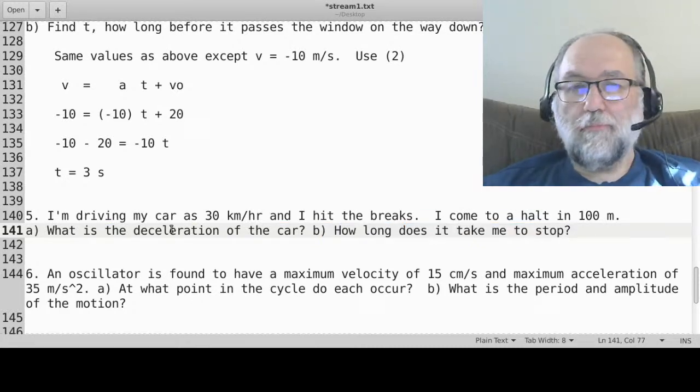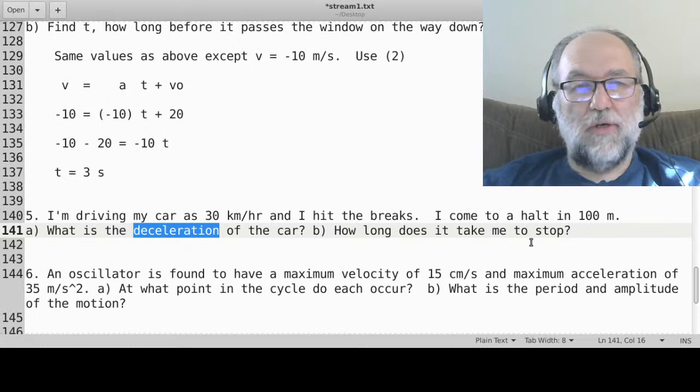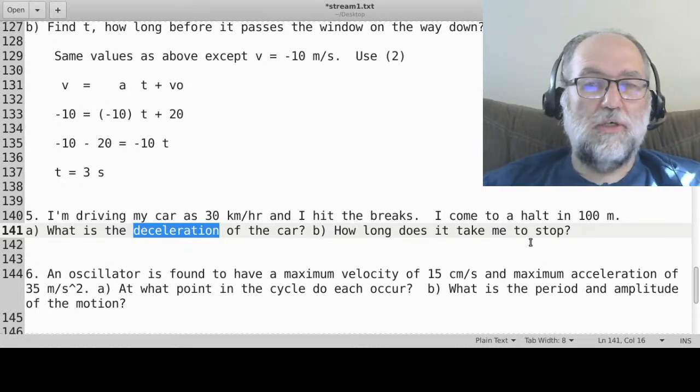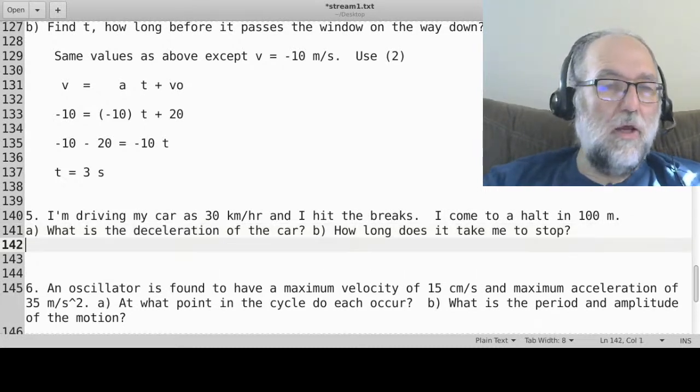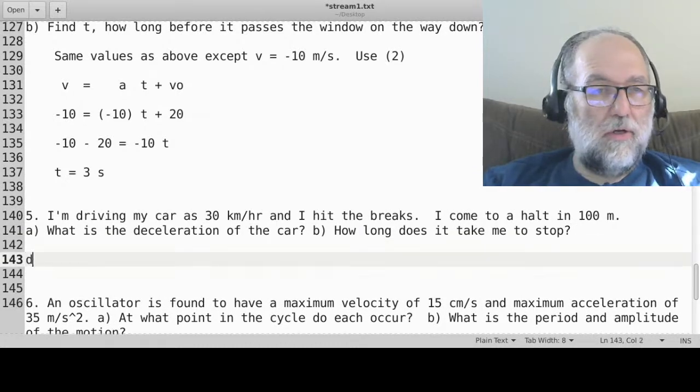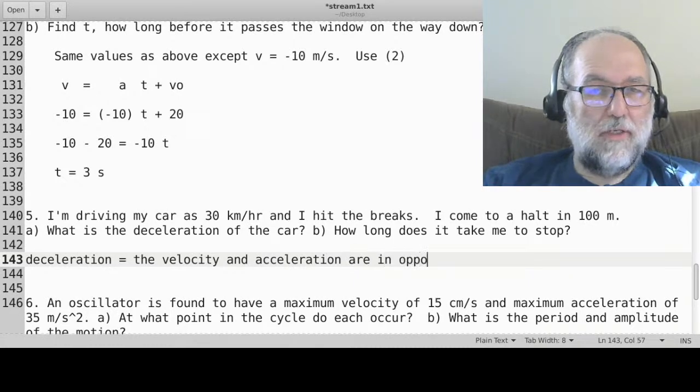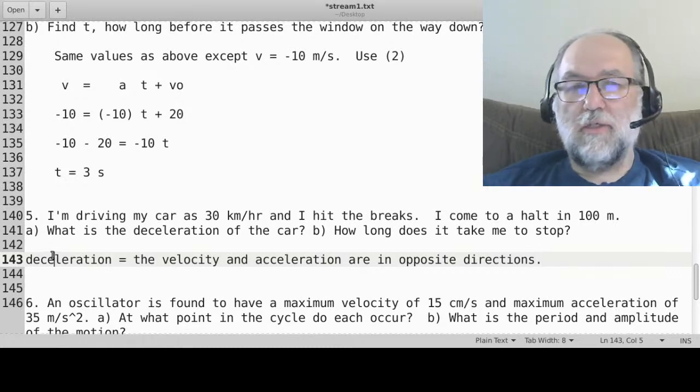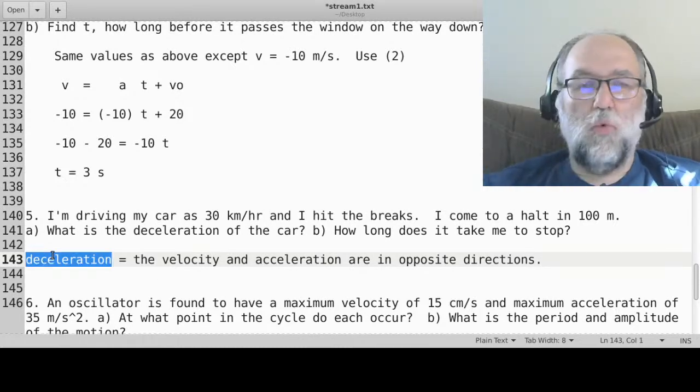Now you've got to watch this word deceleration. Basically, deceleration and acceleration are the same thing. We use the word deceleration whenever the velocity and acceleration are in opposite directions. Everything is still acceleration.